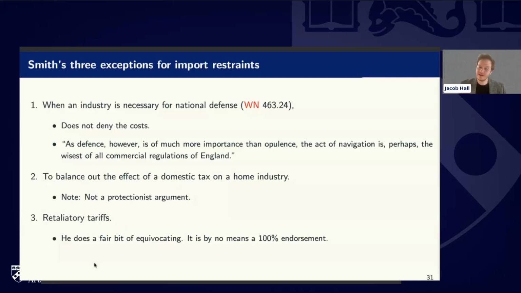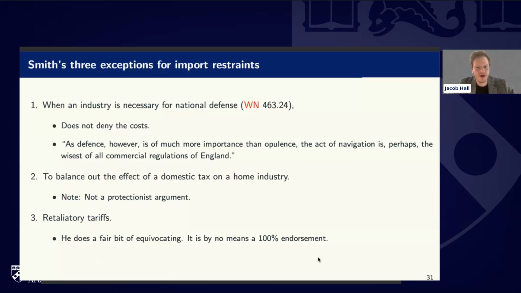Like in modern parlance, yes, you can write down a model where there's some optimal retaliatory tariff. But Smith goes on, when the politics enters into the fray, they're going to disregard your model entirely. They're going to disregard your exact specifications. So yes in theory, but probably not so much in practical politics.